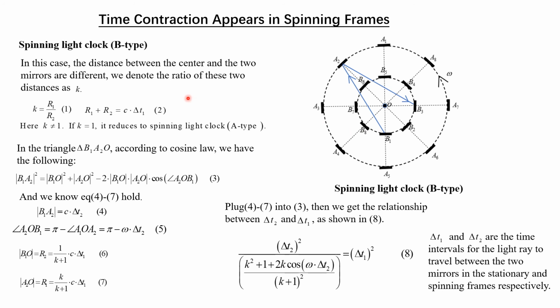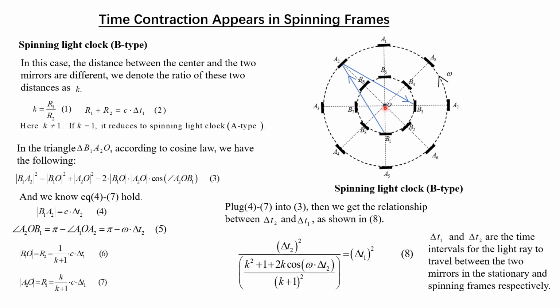Now we do it algebraically. In this case, the distances between the center and the two mirrors are not the same, they are different. We denote the ratio of these two distances as k. K is equal to R1 over R2.